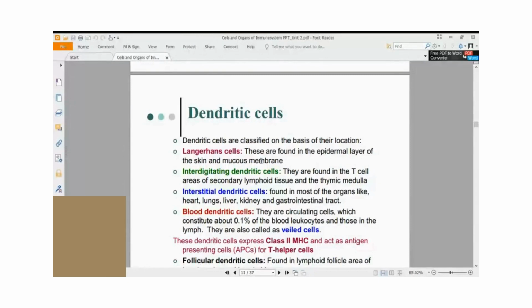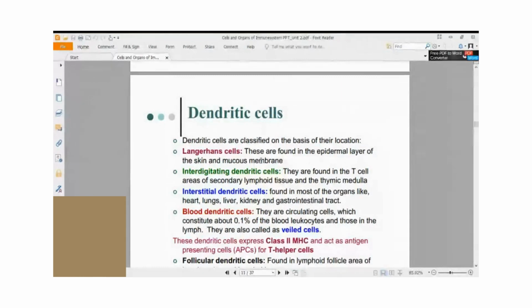Following that, at the bottom, there is the dermis, which is very close to your body muscles. In the epidermal layer, which is a multi-layered structure made of epithelial cells, these dendritic cells are distributed, and they are called Langerhans cells. You might have heard about this name. It is named after the person, Langerhans.